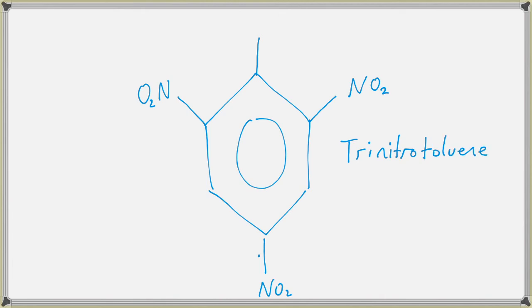And the reason this one I think is significant is because it's TNT. So you can see how dramatically just changing a little bit of functional groups here changes the properties of the molecule. We go from mothballs and vanilla to dynamite just by changing what groups are attached to the benzene group.